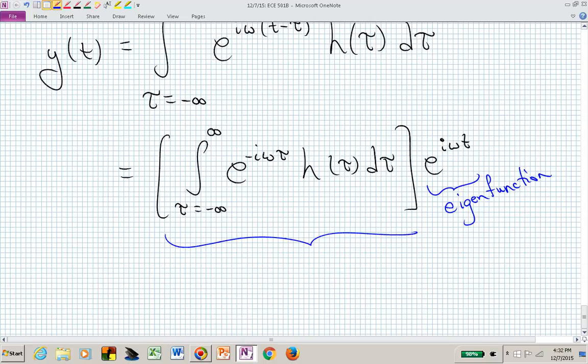What will you get if you now integrate a function, e to the minus i omega tau? We can keep it as a variable of omega, h of tau d tau, and we're integrating with respect to tau. We're just going to get a number, aren't we? A constant. It could be a complex scalar, but it will just be a scalar.